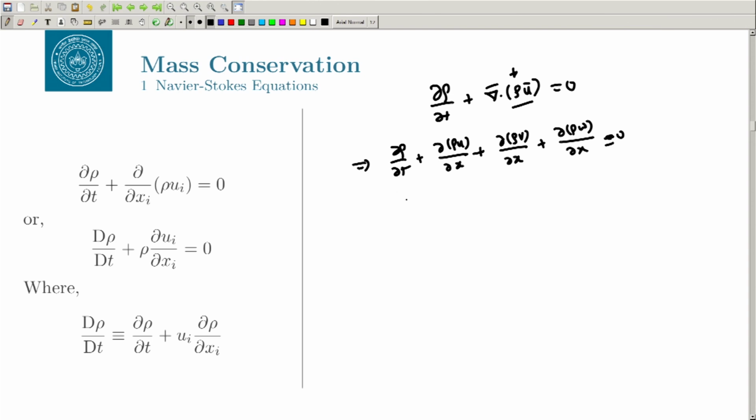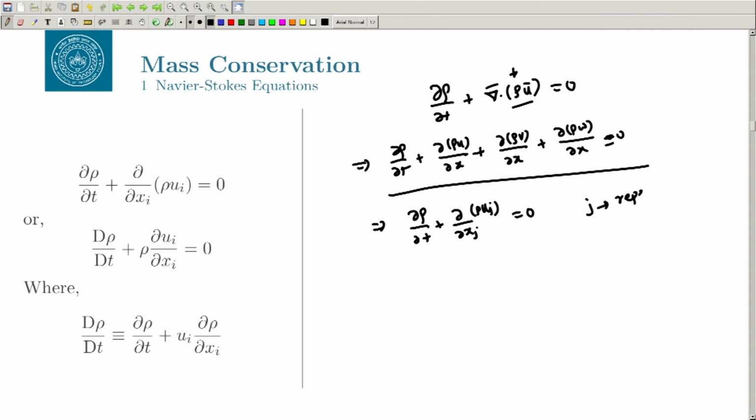Now, this entire thing can be written in tensor form in a very short way, which is d rho by dt plus del by del x j of rho u j is equal to 0. Here j is the repeated index, and it is a dummy index. So if you use i or j or k, l, m, n, whatever you want, it does not matter. It says that it is a repeated index, so it will repeat for all the j values.